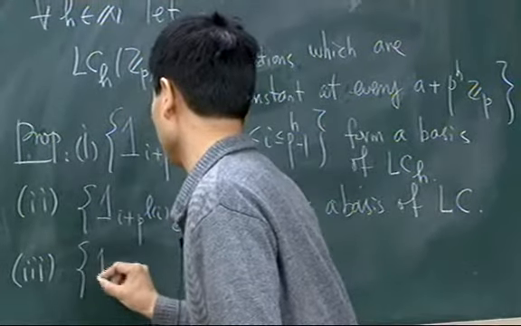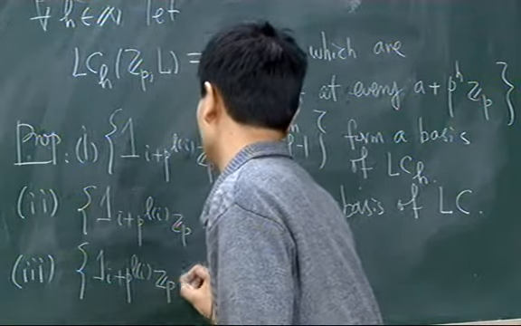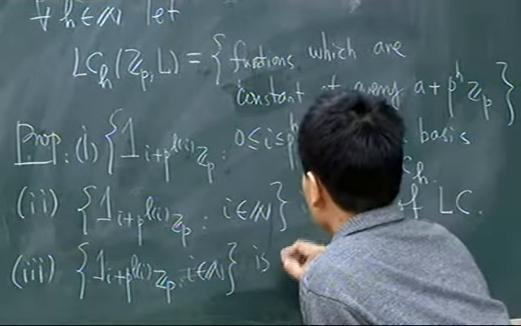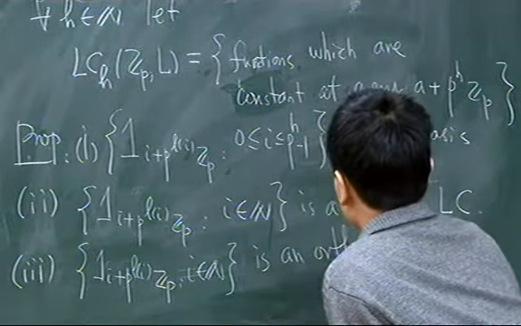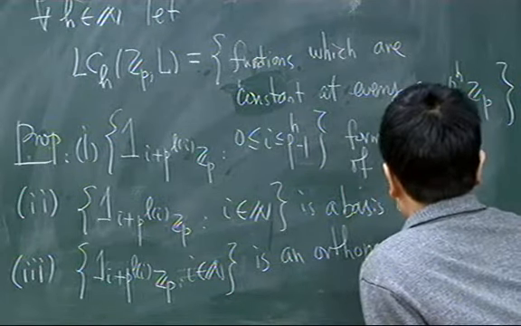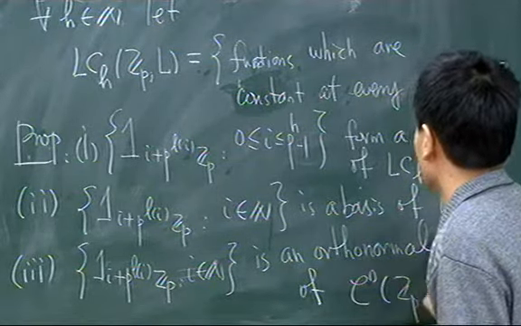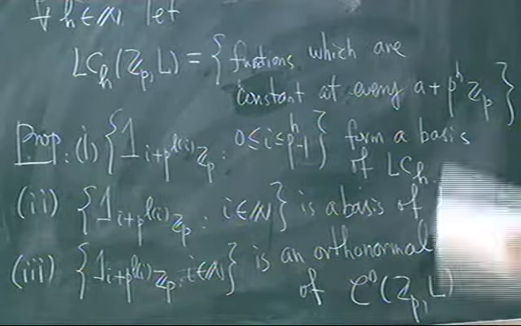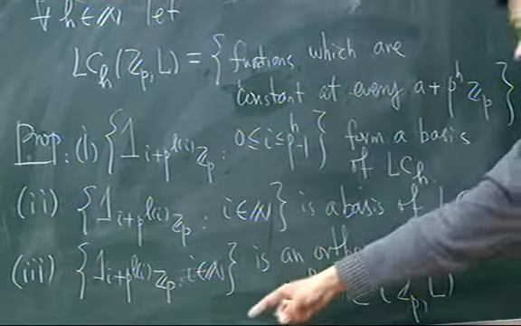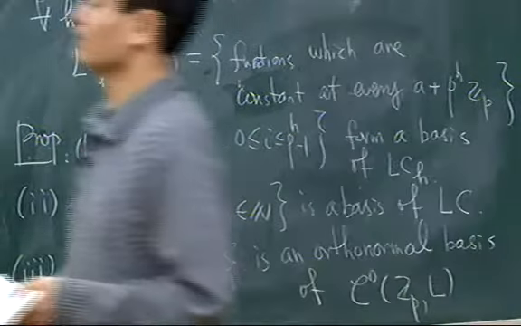So now this one is again an orthonormal basis of C_0(Z_p, L). So for Mahler's theorem, we get a basis (x choose n). From this proposition, we get another basis. Now this is a Banach basis, also an orthonormal basis.